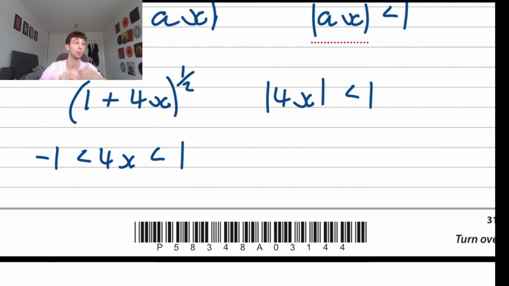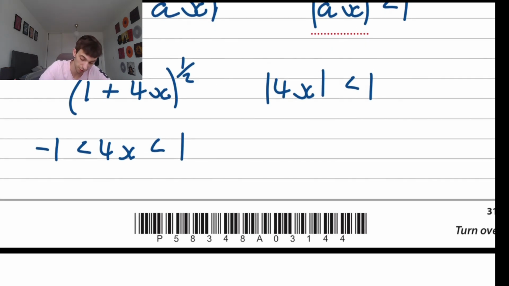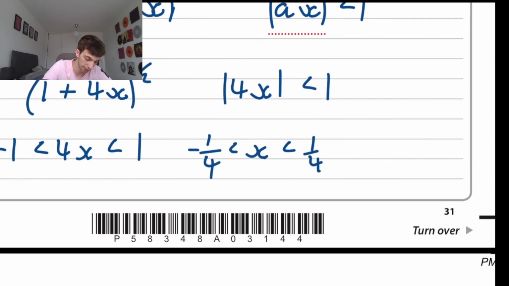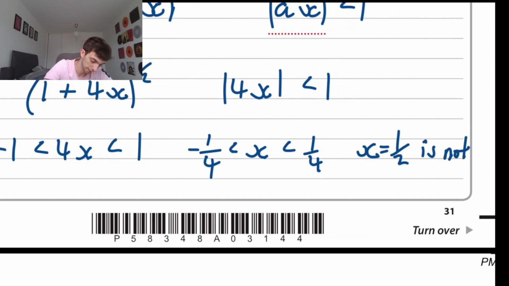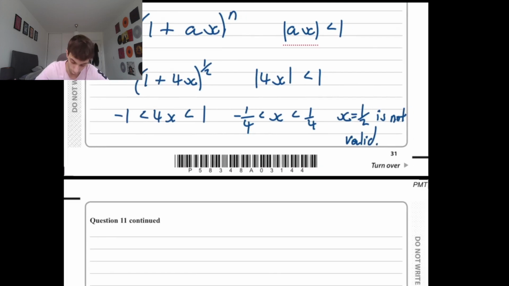So then we can just divide over by 4. So we have that x must be larger than minus a quarter and less than a quarter. But we can see x equals a half is not valid. It does not satisfy that x must be less than a quarter. So all we have to say is x equals a half is not valid. Let's move on to part C.